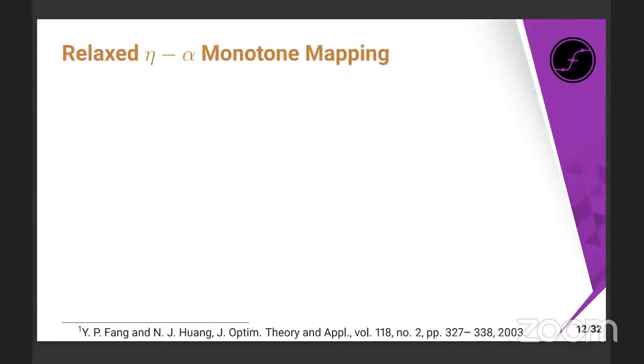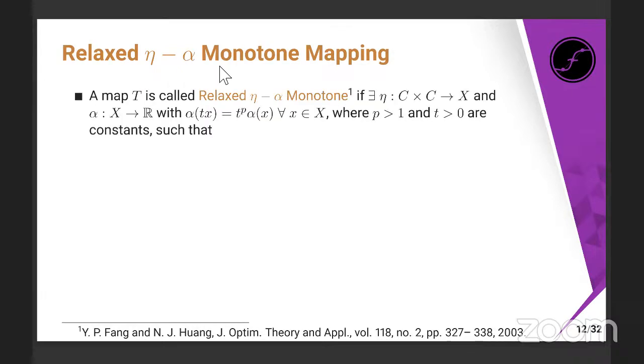In 2003, Fang and Huang proposed another special type of monotone mapping. They call it relaxed eta-alpha monotone mapping, which is defined as a monotone mapping satisfying the condition given in 9, with respect to a mapping eta and a function alpha from X to R satisfying this.